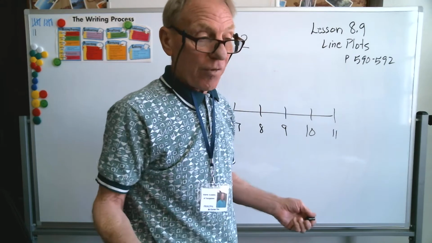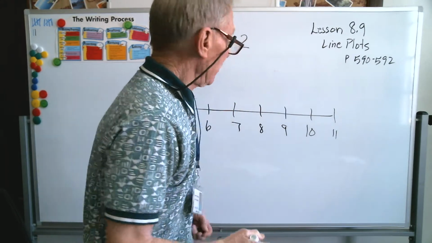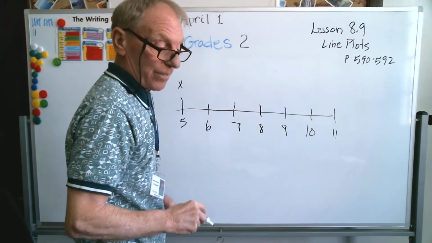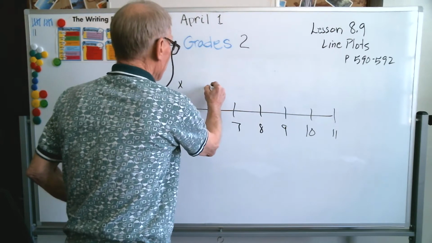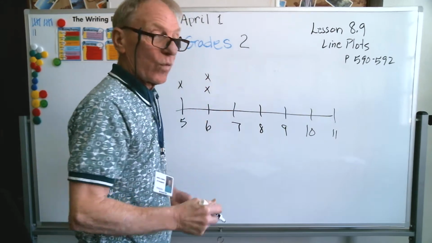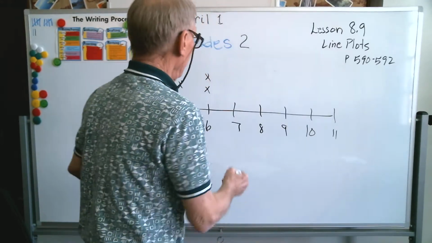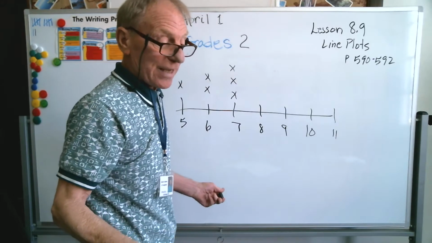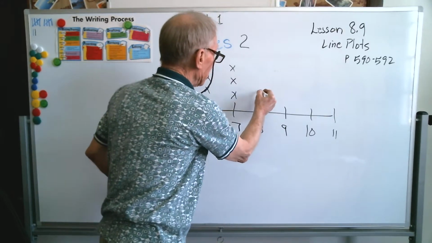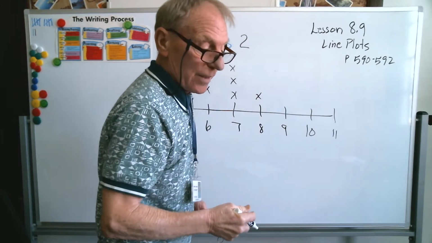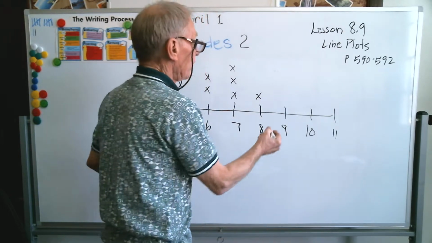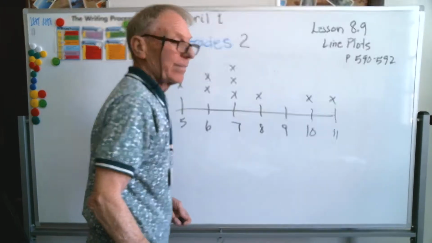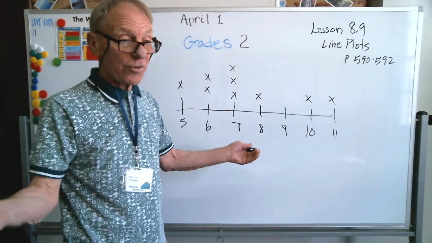They measured all the pencils, and they discovered that one was 5 inches, 2 of them were 6 inches, 3 of them measured 7 inches, there was 1 at 8 inches, none at 9, 1 at 10, and 1 at 11. That's all there is to it.